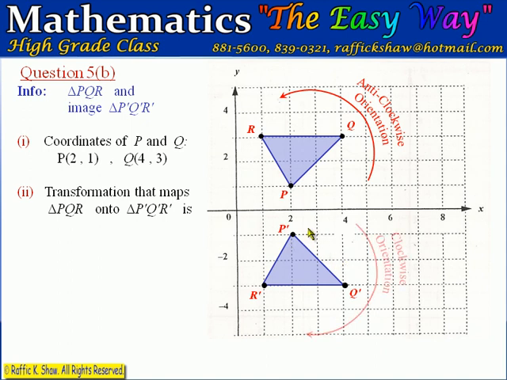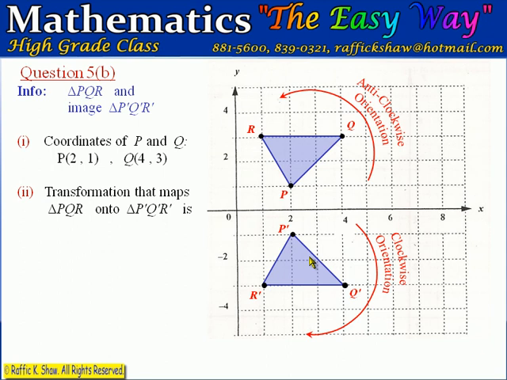P to Q to R on this object is anti-clockwise, while P to Q to R on the image is clockwise. So the orientation was reversed, and we have therefore satisfied the first criterion for reflection.